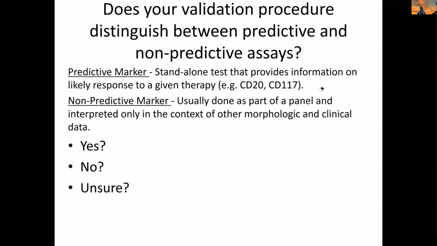HER2 is another example, of course. Non-predictive markers are usually done as part of a panel and interpreted only in the context of other morphologic and clinical data. So that's the importance here. This is one that says up, down, yes, no, drug, no drug. These figure into a component of a panel, supporting a diagnosis, refuting a diagnosis, et cetera.